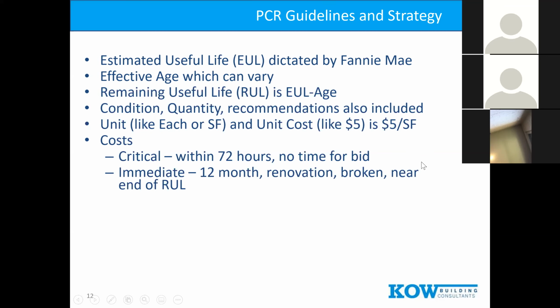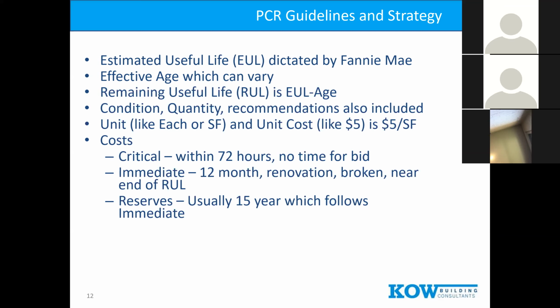Immediate. Okay, your immediate costs are typically your 12-month cost, your renovation cost. It's broken or it's near broken. It's near the end of its useful life. And then reserves. Usually it's 15 years, which follows the immediate period. Do you want 20 years? I have 20 years.